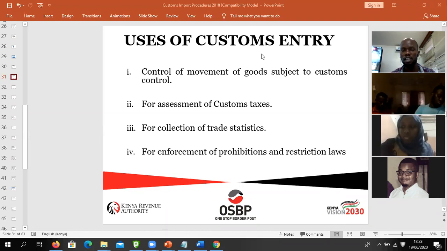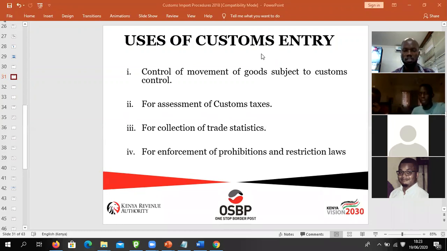They can be entered in various regime codes, as I'll show you later on. This can include warehousing entries, home or local consumption, whereby we'll have a C4 entry. It can also include transit entries and transshipment entries. I shall elaborate later on these particular entries or regimes. Number two, for assessment of customs taxes, that's also another thing that we can use entries to do.